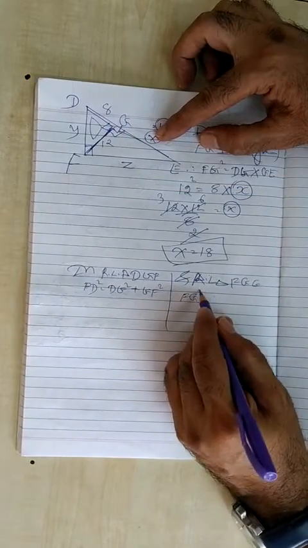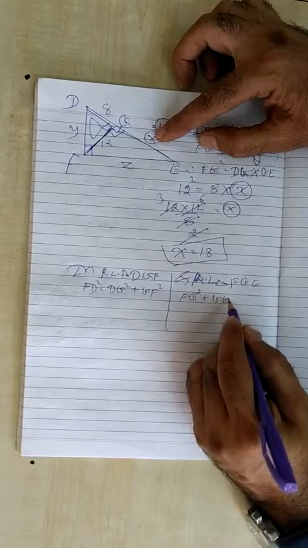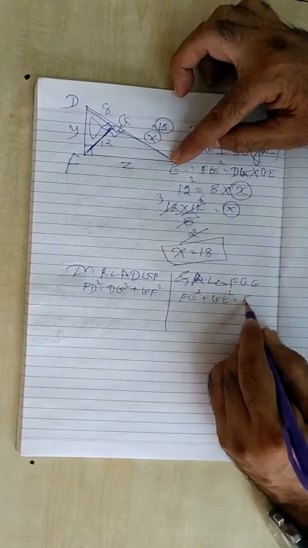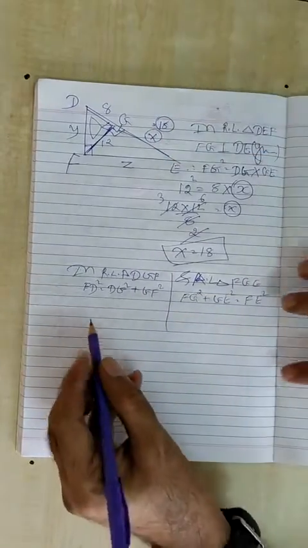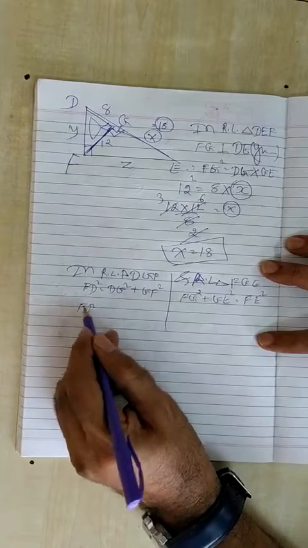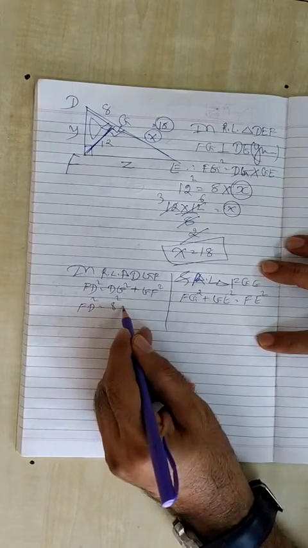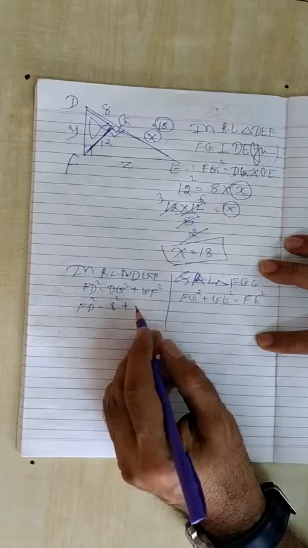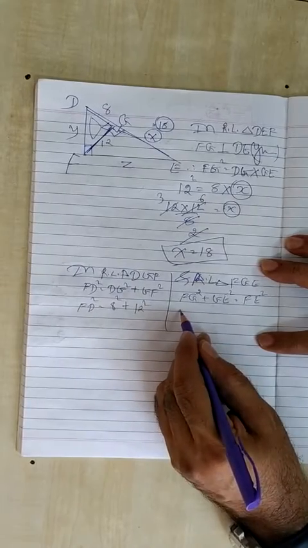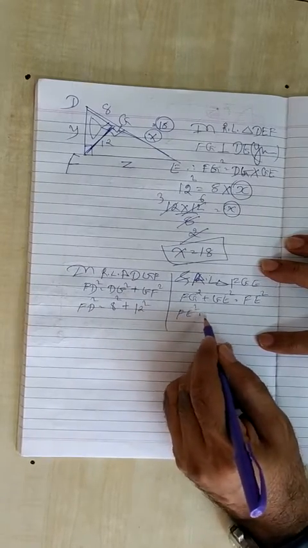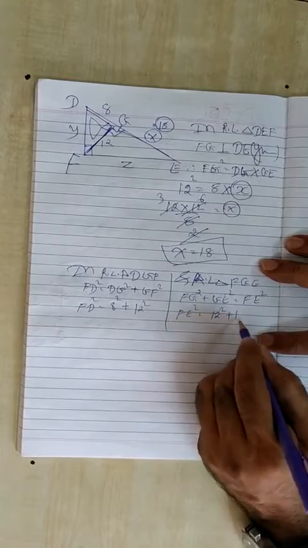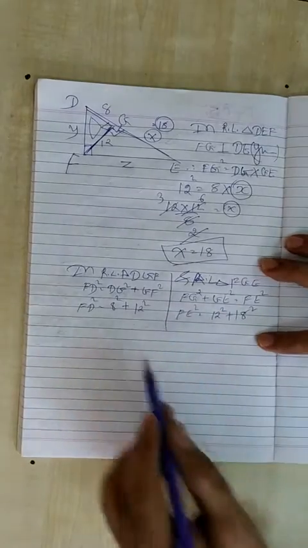Now FG square plus GE square is equal to FE square. Here FD square is equal to 8 square plus 12 square. Here FE square is equal to 12 square plus 18 square.